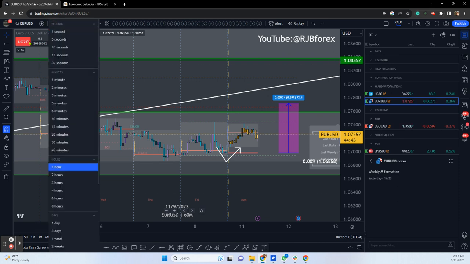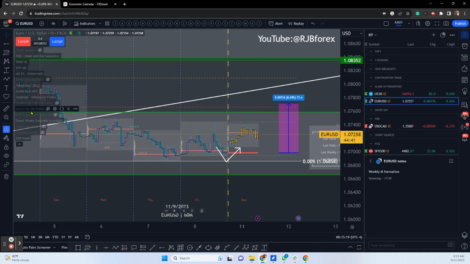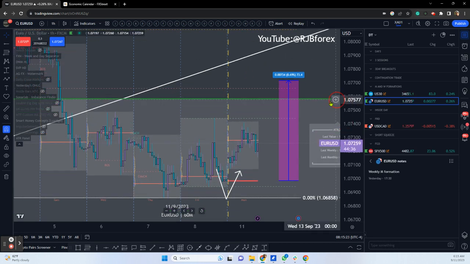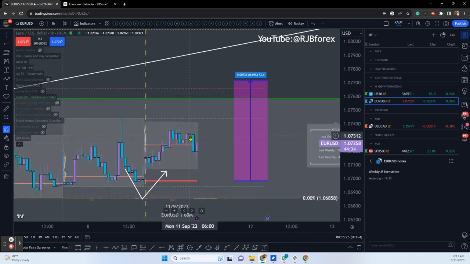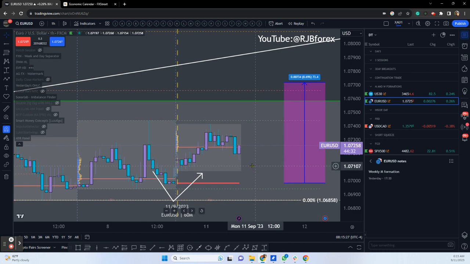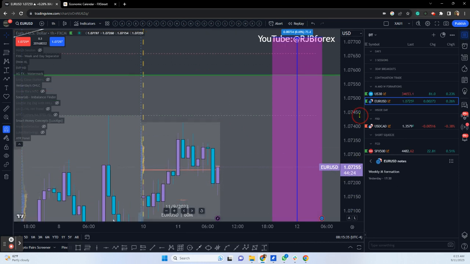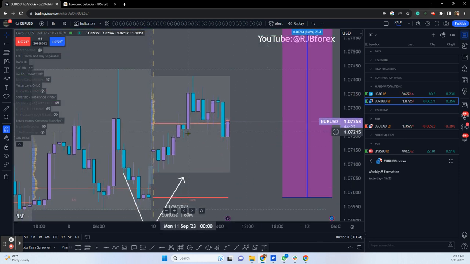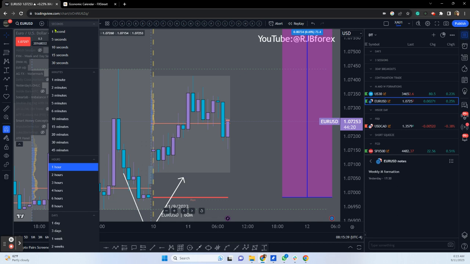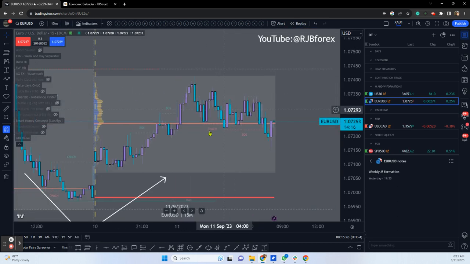Now, let me just turn off the inside day bar so we can get a better look at what's going on. So we're back below the point of control on the day so far. Let's go down to a smaller time frame. It's quite a strong move to the downside, that.